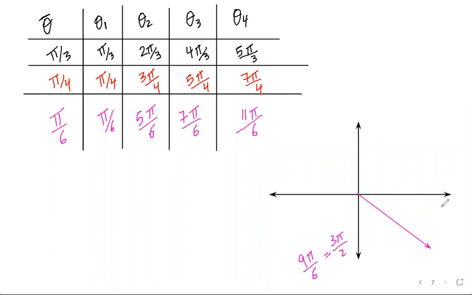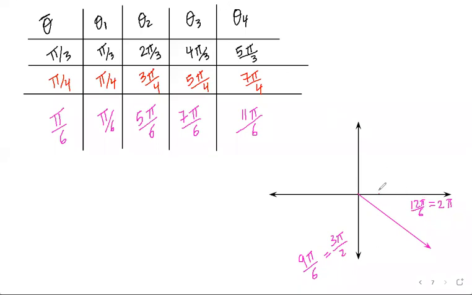And 2 pi is equal to 12 pi over 6. So 11 pi over 6 is between 9 pi over 6 and 12 pi over 6.